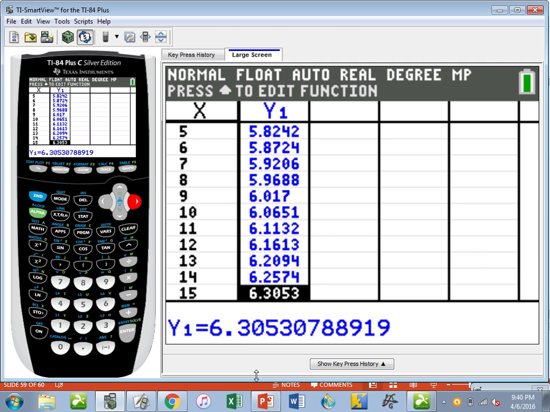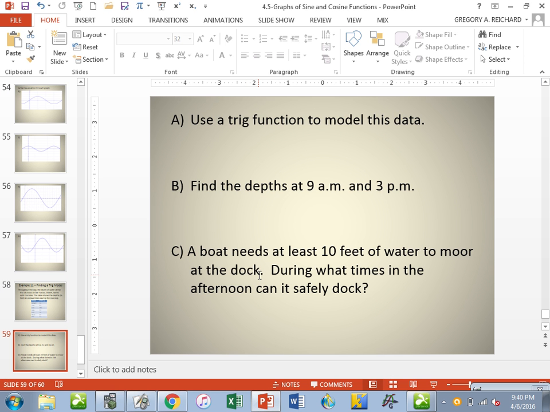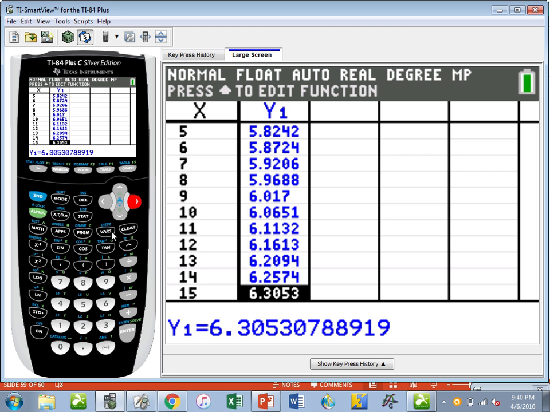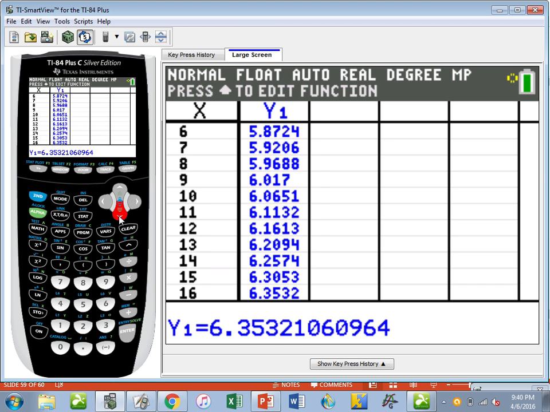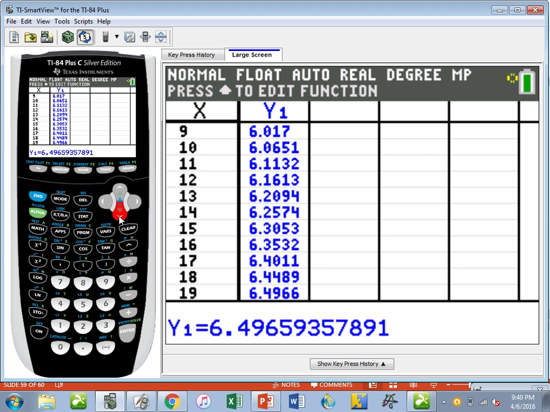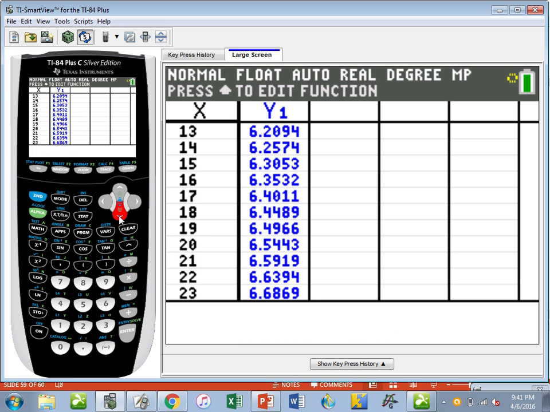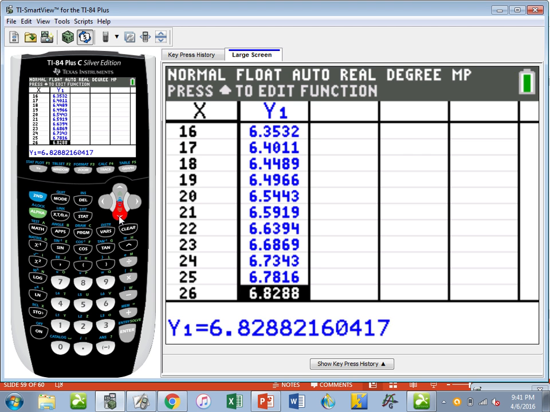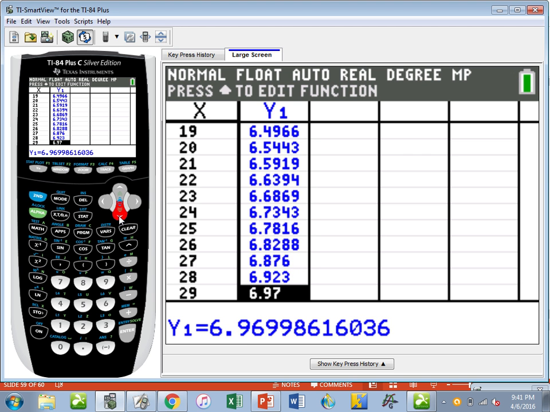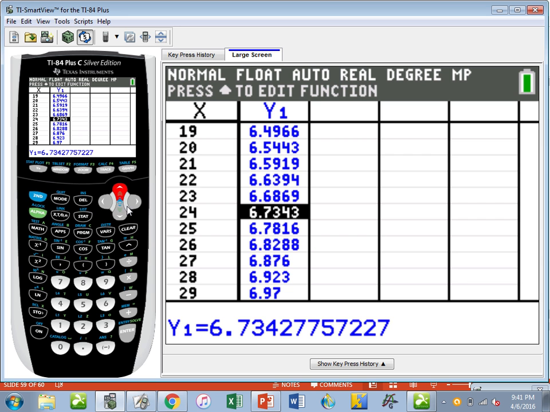And then finally, part C says a boat needs at least 10 feet of water to moor at the dock. During what times in the afternoon can it safely dock? So I'm going to come back to my table again here. What I'm looking for is, when is the water at least 10 feet? If I come through this here, what you're going to notice is that I'm not really getting a value that comes up to be anywhere near 10 feet.